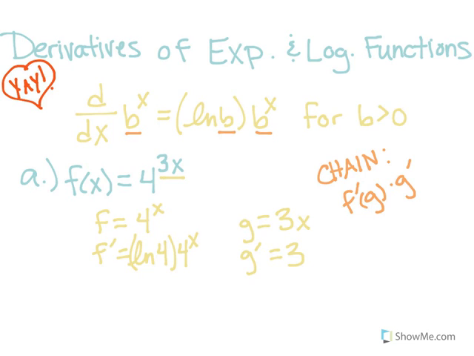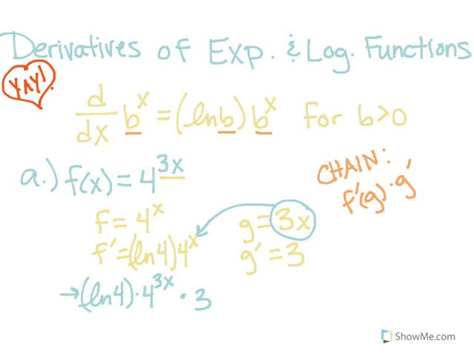So let's go ahead and put this together. F prime of g: I'm going to take my g function and plug it into my x in f prime. So that's going to look like ln of 4 times 4 to the 3x, and then I have to multiply this by g prime, which is 3.